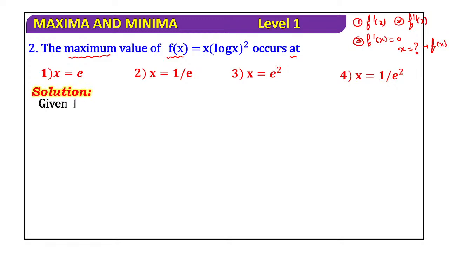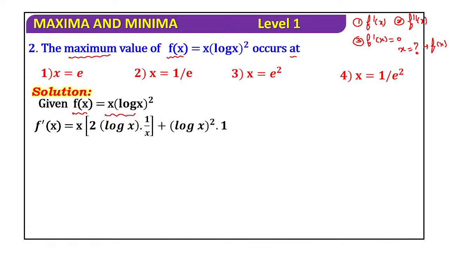Okay, you just see. First you take the given function f of x. Next you calculate f dash of x. What is f dash of x? This is u, this is v. So apply the u into v formula, that is u into dv by dx plus v into du by dx.